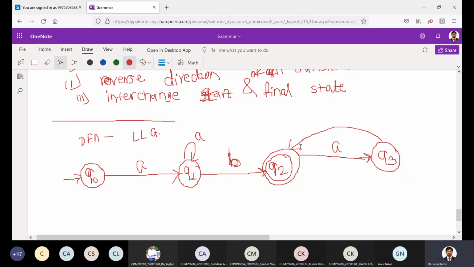From Q3 on input B, it goes back to Q2, and B on A.